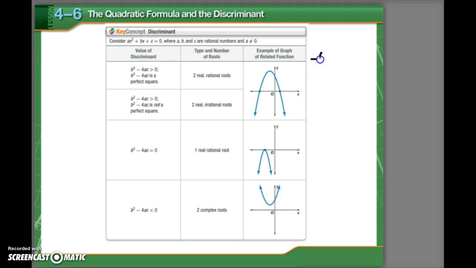The quadratic formula says negative b plus or minus the square root of b squared minus 4ac, sorry, that's an ugly 4, divided by 2a.